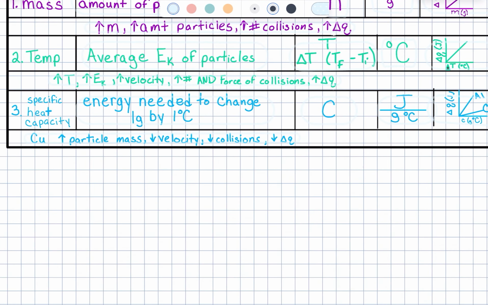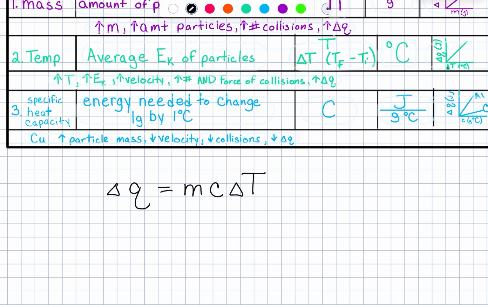And so we talked about how the change in Q is going to depend on the mass, the change in temperature, and our specific heat, or delta Q equals MC, I wrote that backwards, MC delta T. MC delta T. Doesn't really matter what order you write it in.